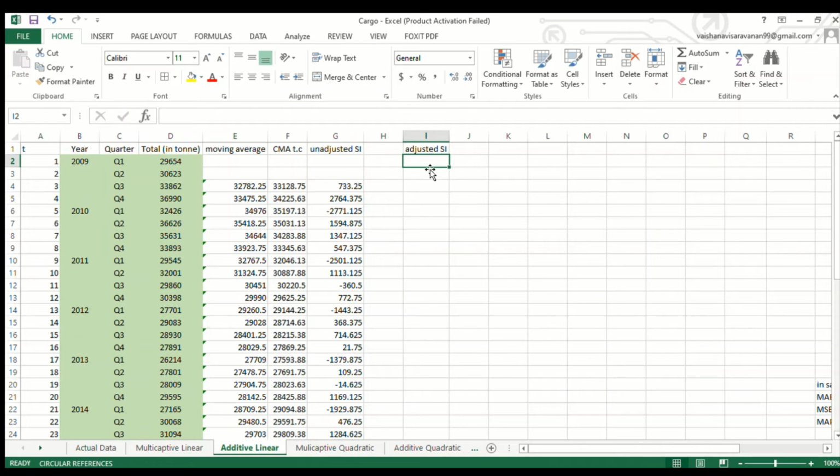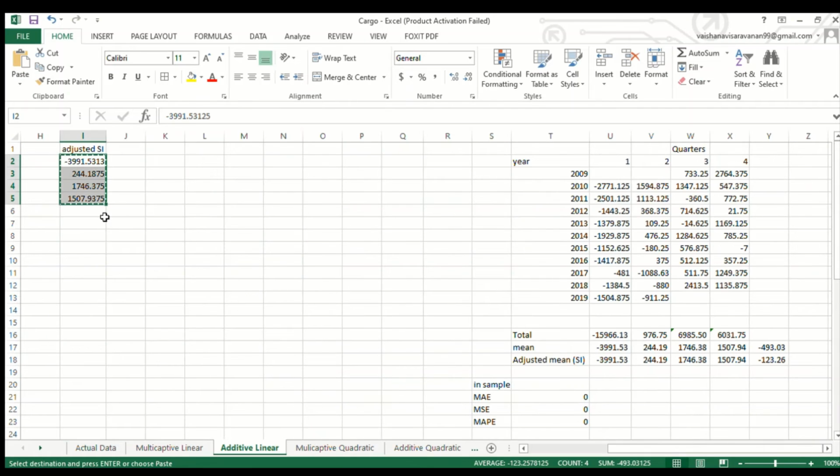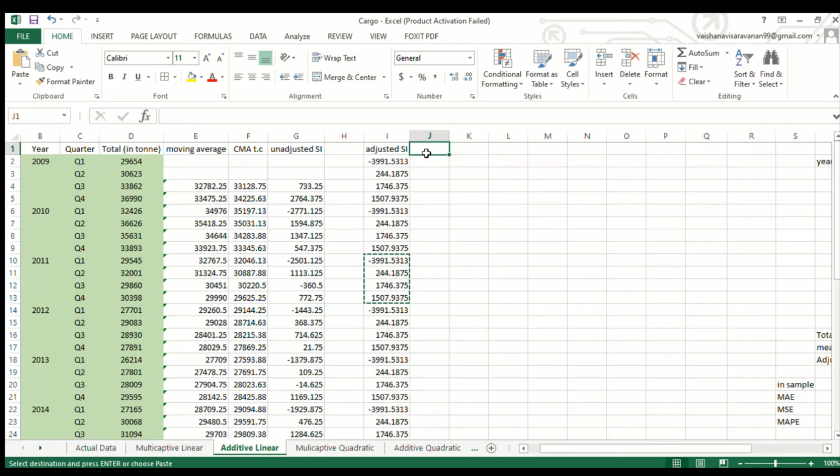As for our adjusted SI, we can start from the first cell itself. We are going to find the deseasonalized value.